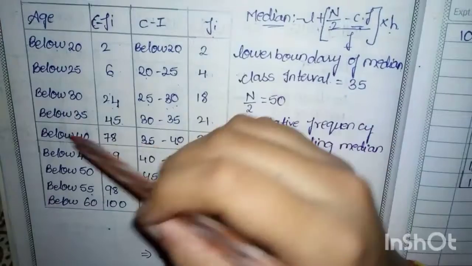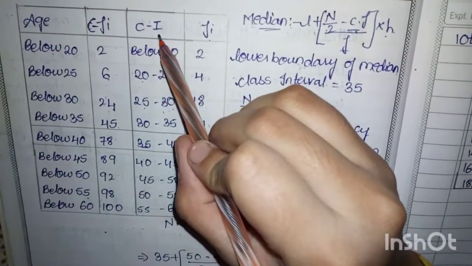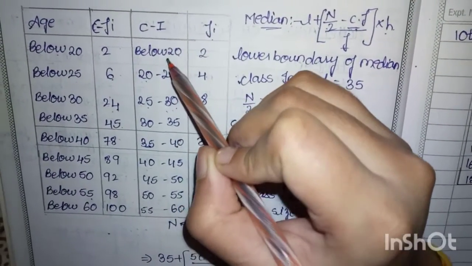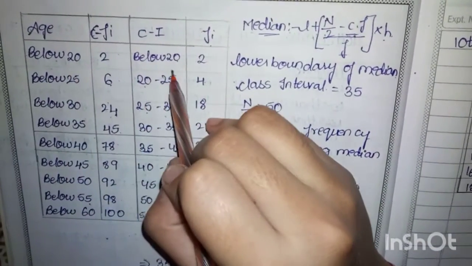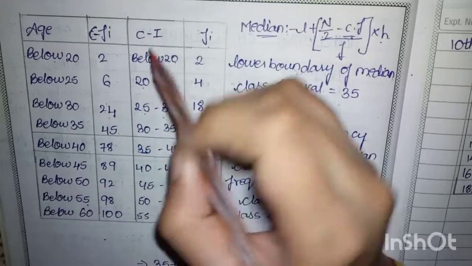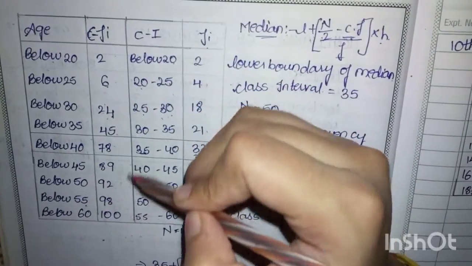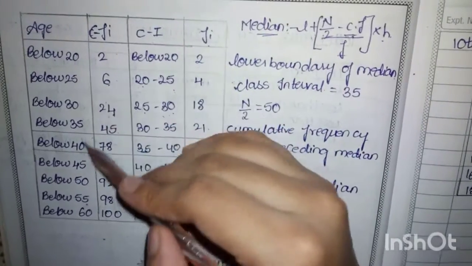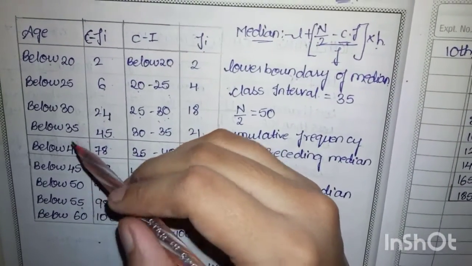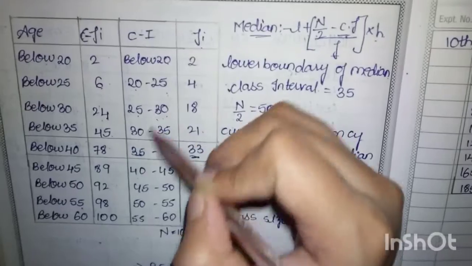Let me explain. In the first step, for the class intervals, below 20 will be copied here as it is, and from the second one we will be making our class intervals. So 20 to 25. Whatever numbers they gave here, those only will be taken into consideration to make our class intervals.